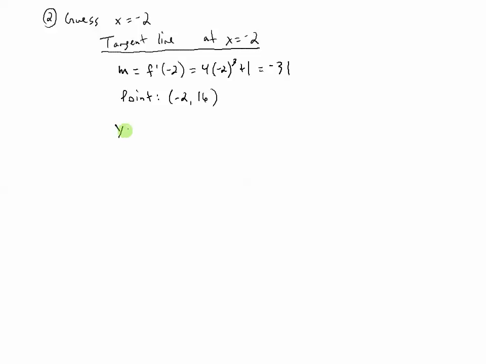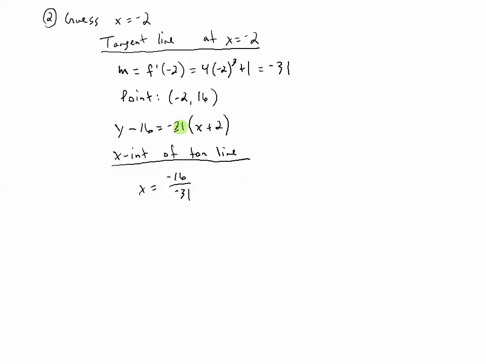And so now we have the equation of the tangent line, y minus 16 equals negative 31 times x plus 2. The x-intercept of the tangent line, or the linear approximation, is what you get when you plug in 0 for y and solve for x. So x will be negative 16 divided by negative 31, right?